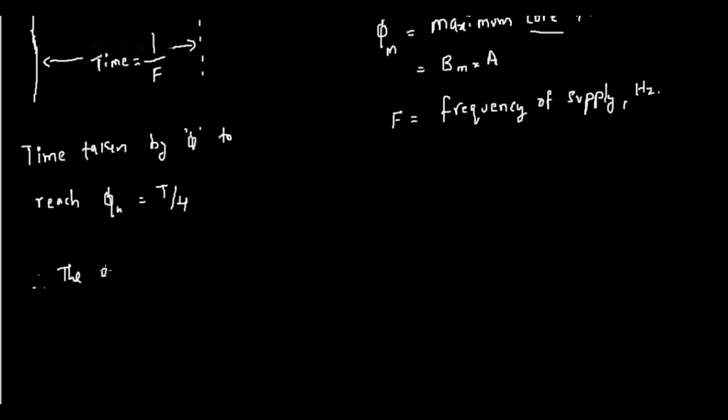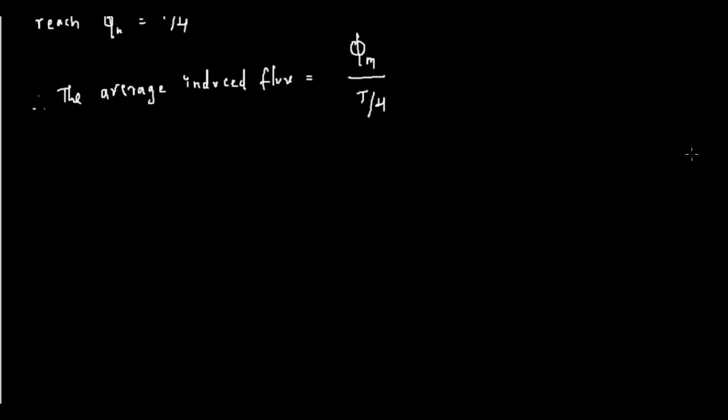Therefore, the average induced flux is equal to the maximum value of flux divided by the time taken. The time taken is T by 4. As you all know, time is the inverse of frequency, T is equal to 1 by f.